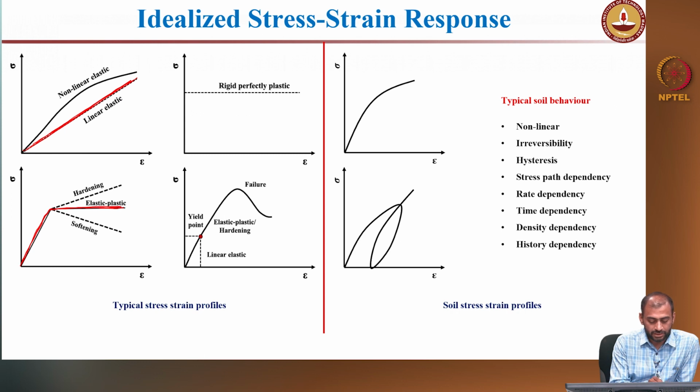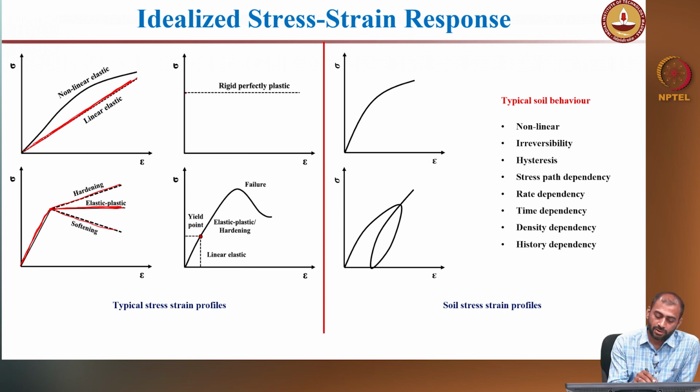After that, the behavior is perfectly plastic, right. But some materials exhibit a hardening response, some material gains strength as you start shearing more and more, and sometimes the material also shows a softening response. So, the material strength reduces as you start shearing at larger strains especially, right.